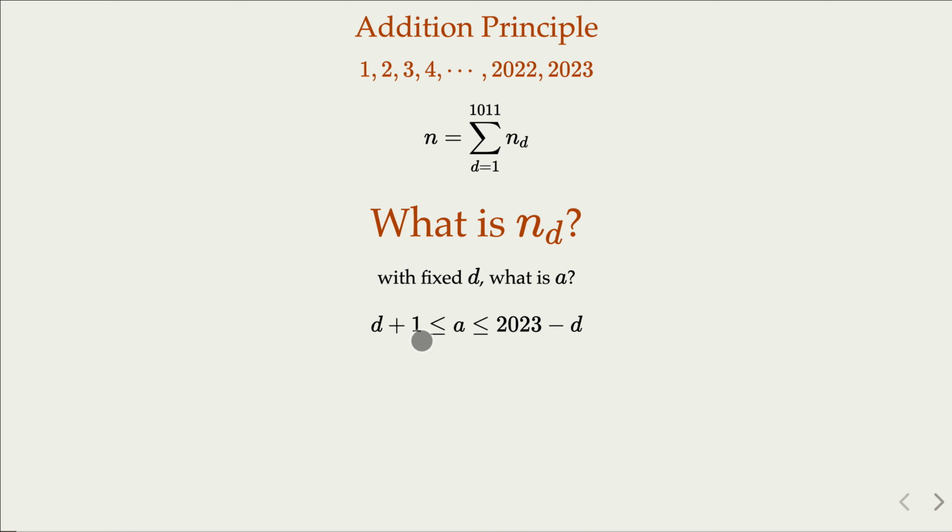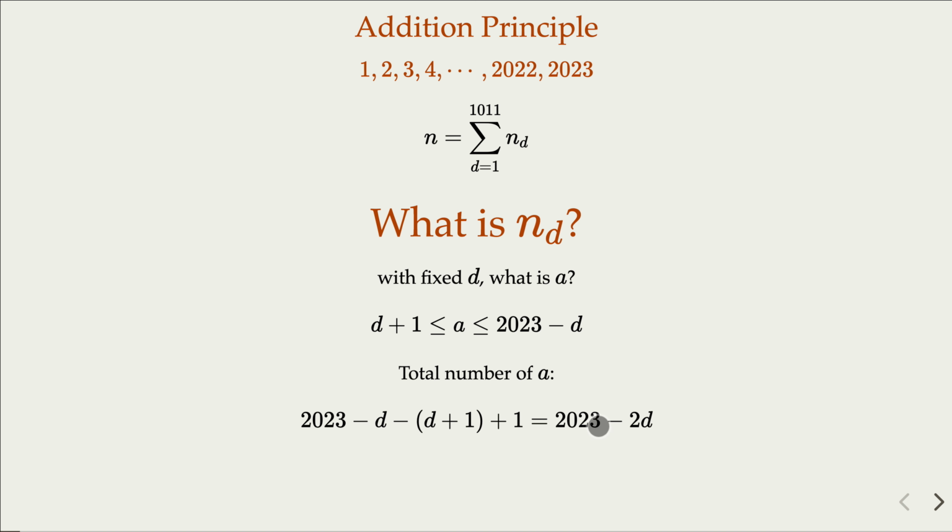So the number of a's really depends on the value of d. How many values can a take? If we know the 2 endpoints, the number of a's would be the bigger value minus the smaller value, plus 1. So it's this value here.